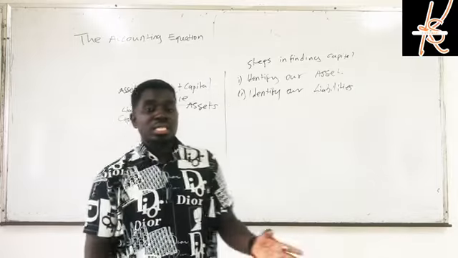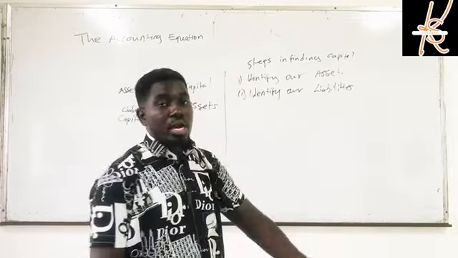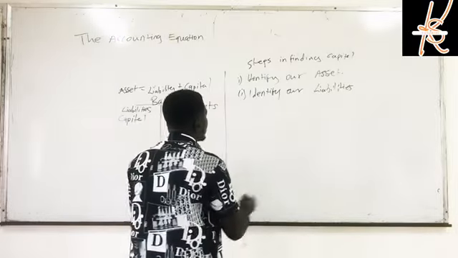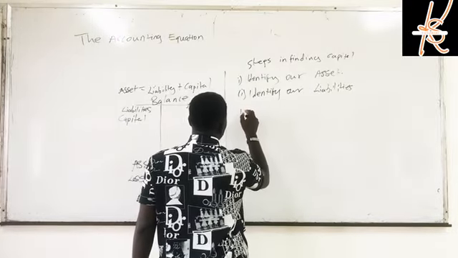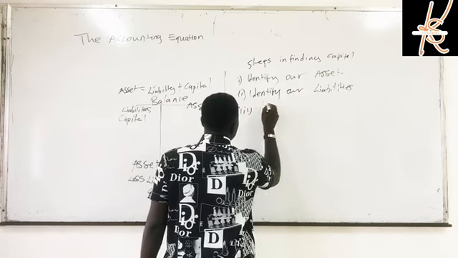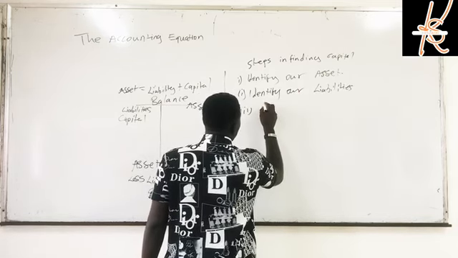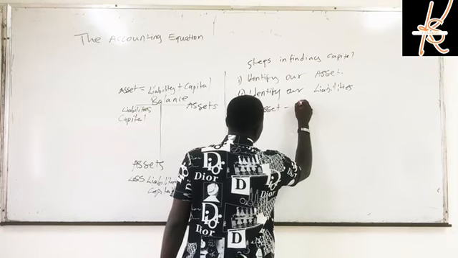So when we know all our assets and we know all our liabilities, then we can subtract our liabilities from our assets.